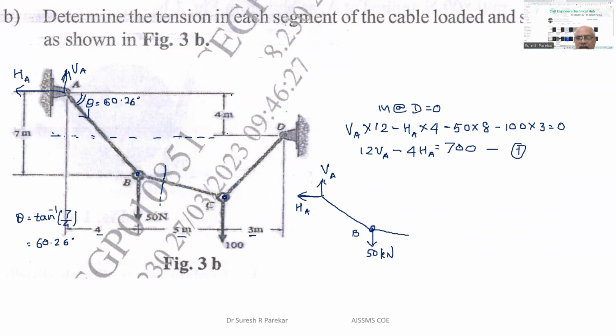Now we are going to take moment about B. The tension TBC in the cable passes through B, so its moment is 0. Moment of 50 is also 0. So we have moment of VA and moment of HA.